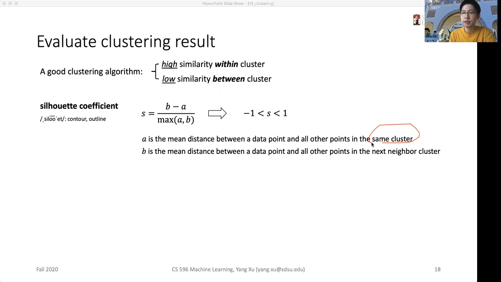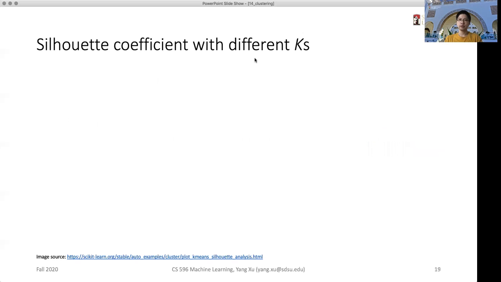And b is the between-cluster distance: the mean distance between the data point and all the data points in the next nearest cluster. So we want the distances within the same cluster to be as small as possible, and we also want different clusters to be far apart. So the silhouette can be used to evaluate how good the result is.